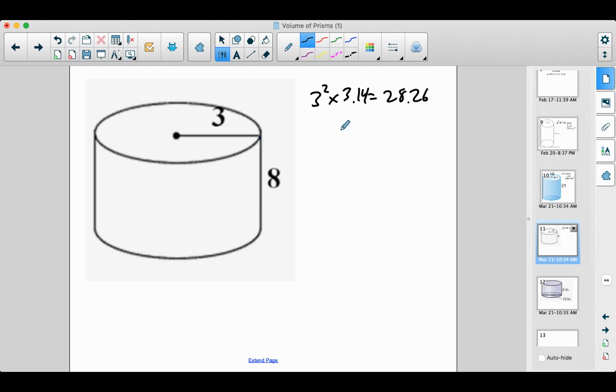Once I have that, I multiply that by the height of the prism, which is 8, and I get 226.08. Doesn't mention any units, so I'm just going to say units cubed. If it tells you what the units are, if it says it's inches or feet or meters, whatever, use that. If it doesn't, just say units.